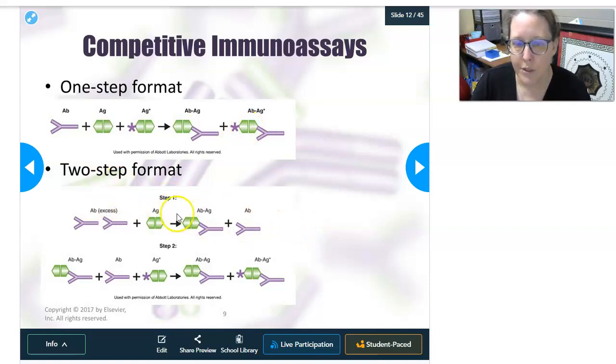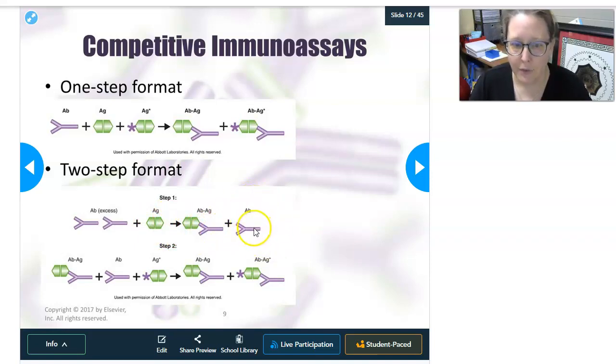Okay, with a two-step format, first the antibody in excess is mixed with the antigen that you're trying to detect, and that capture antibody is going to capture all of those antigen molecules, like the B12 molecules in our first example, and there will still be some leftover antibody.